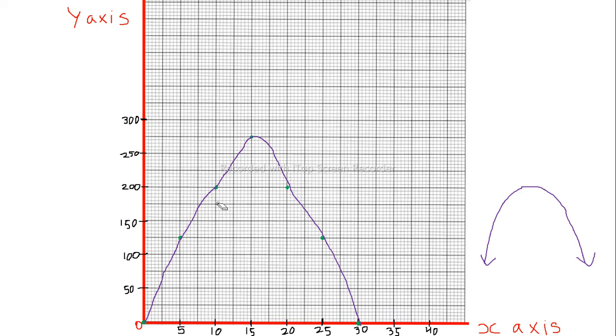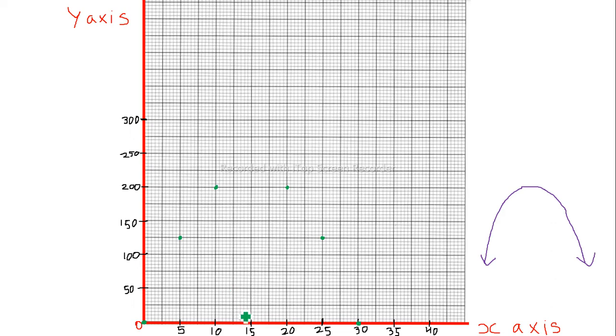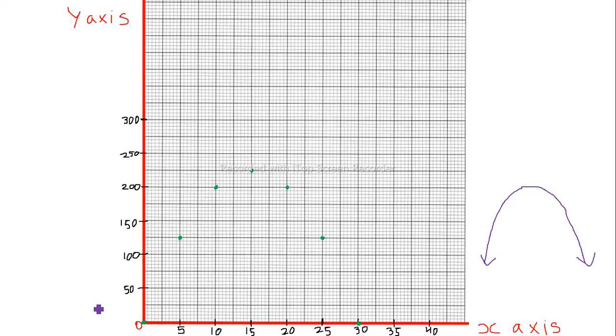That's why it's giving me a problem. 225. So 15 and 225, that should be right here. Okay, that looks better. Alright, that's much better, and I think the curve should look better now.